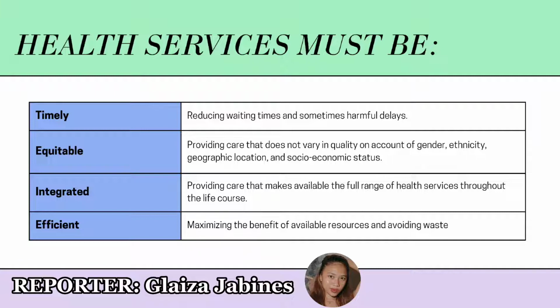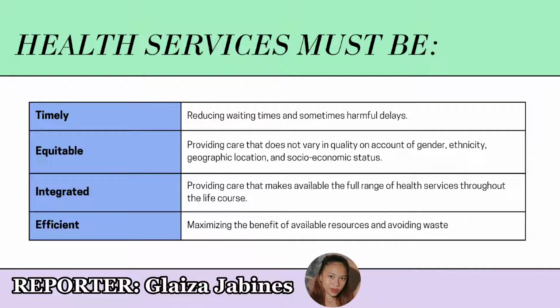Efficient. It means, di ba, maximizing the benefit. It means you are to expand the benefits na makuha sa mga tao, sa patients, sa healthcare nga imong i-offer. For example, sa small community, every year kay magdagdag og mga gina-offer nga kuan. For example, for this year, ibot lang ang available ka ng mga dental clinics.